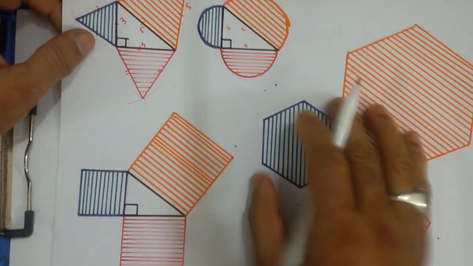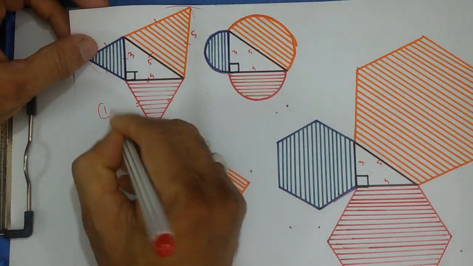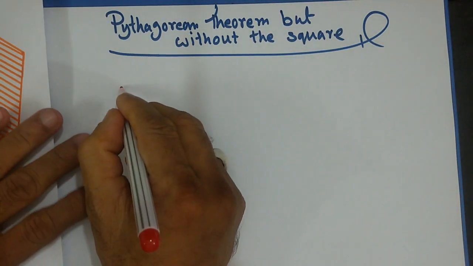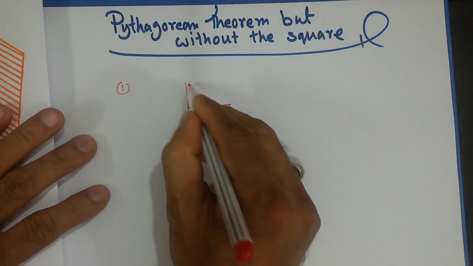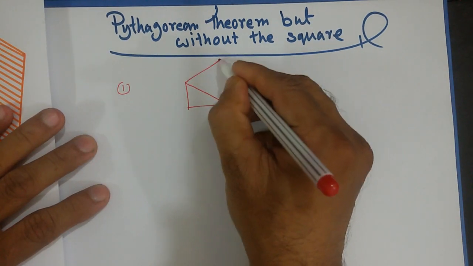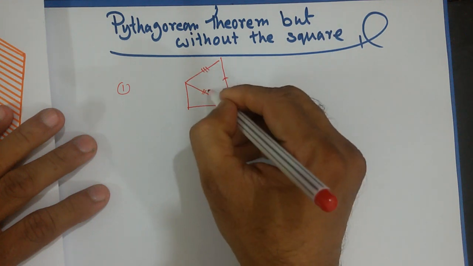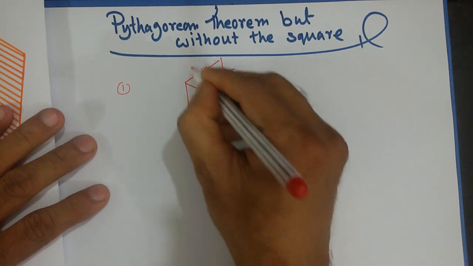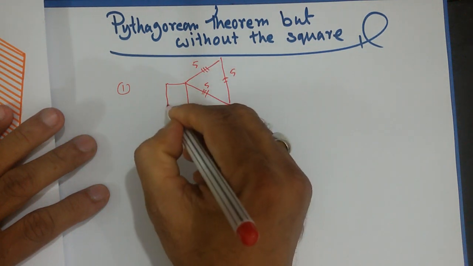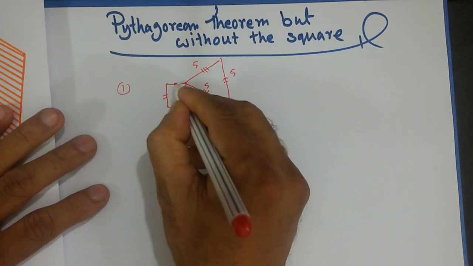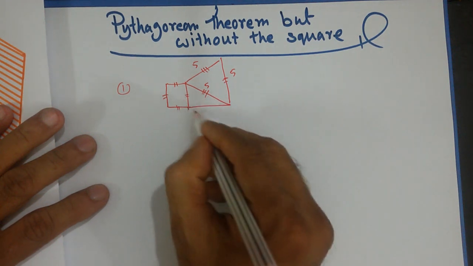Let's see. Okay, let's start with the first one. Now I have this first one. It's again a right angle triangle over here, and I have an equilateral triangle of side 5 centimeters. And this one is 4 centimeters. Actually, this is smaller than that.